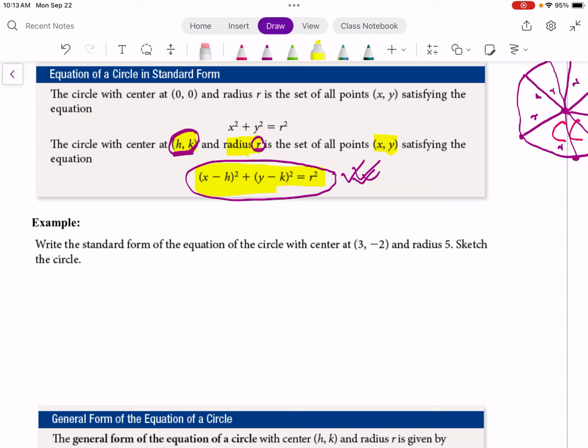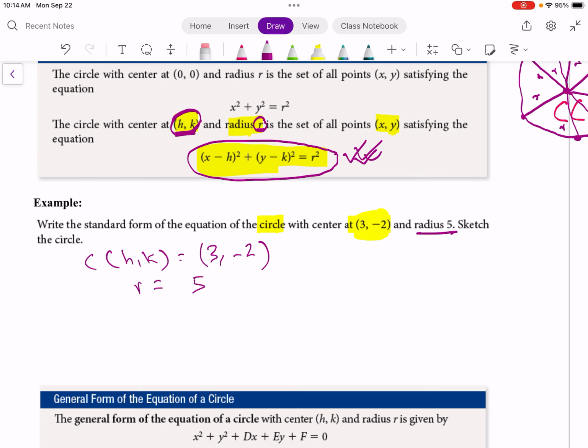We need to find the standard equation of a circle with a center at (3, -2). So this is the center, and we use (h, k) to represent this center. So center (h, k) equals (3, -2), and the radius of the circle r is 5.